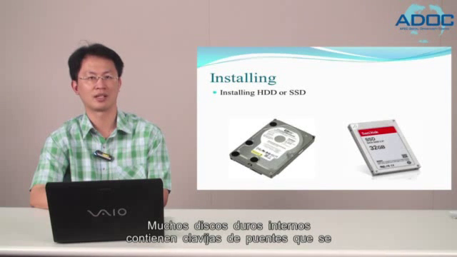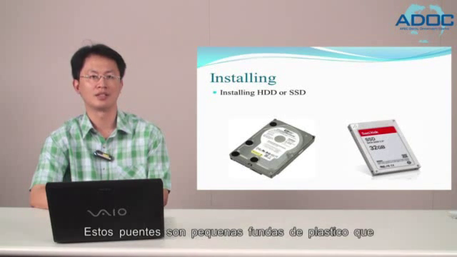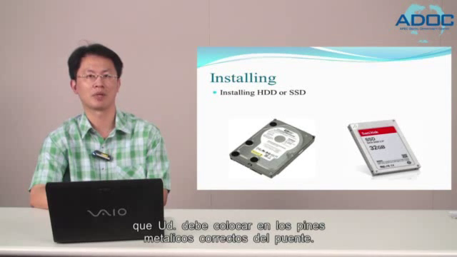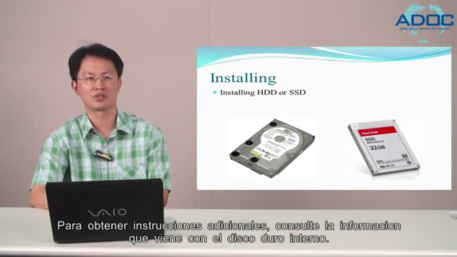Many internal hard drives contain jumper pins that you must set to designate a hard disk as a primary disk or as a secondary disk. These jumpers are small plastic slivers that you must press on the correct metal jumper pins. For additional instructions, check the information that came with the internal hard disk.